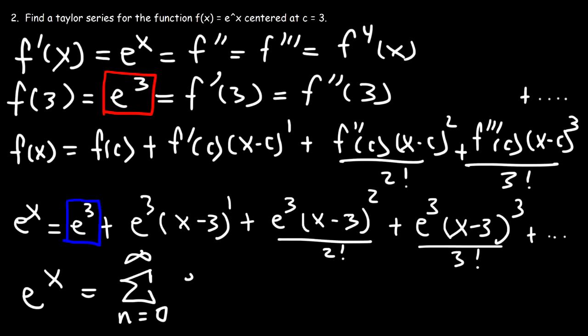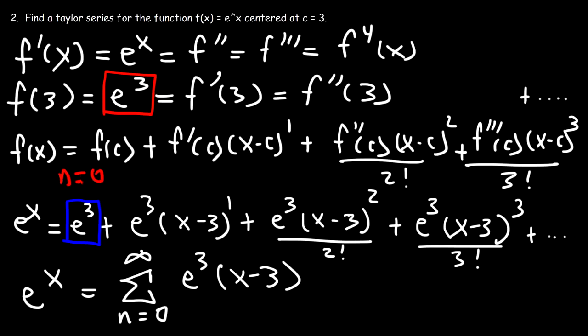So that's pretty much constant. Now the only part that changes are the exponents and the factorials. Therefore, we need to represent those numbers with something that contains the letter n. The only other part that doesn't change is x minus 3 for every term.